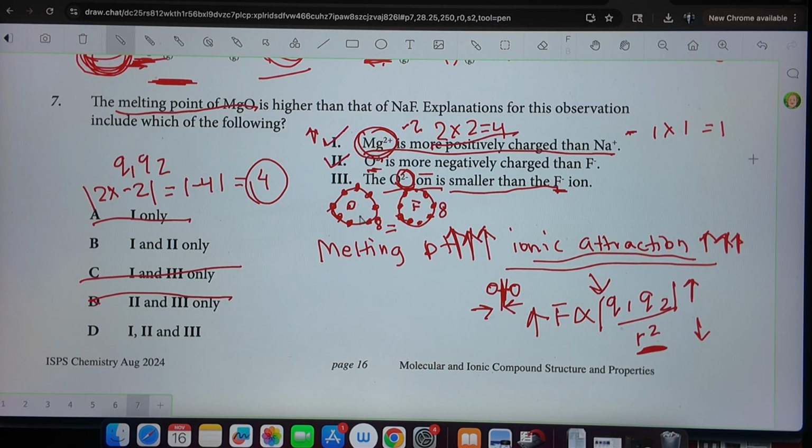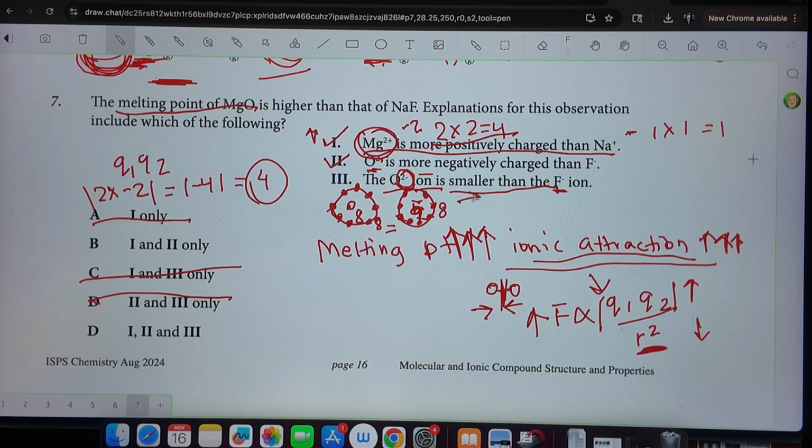But oxygen has fewer protons. Oxygen, off the top of my head, has 8 protons, but fluorine has 9. So with 8 and 8, whatever attraction they have, 9 and 8 would have a greater attraction, because there are 9 protons pulling harder.